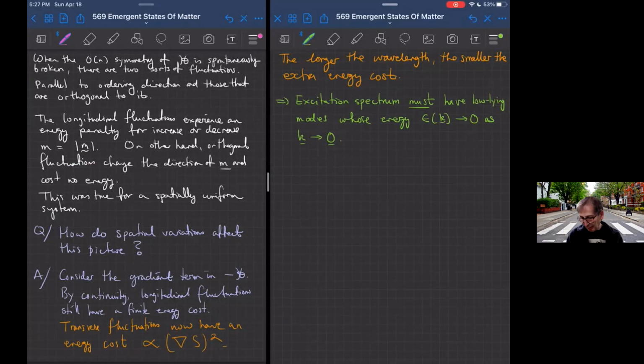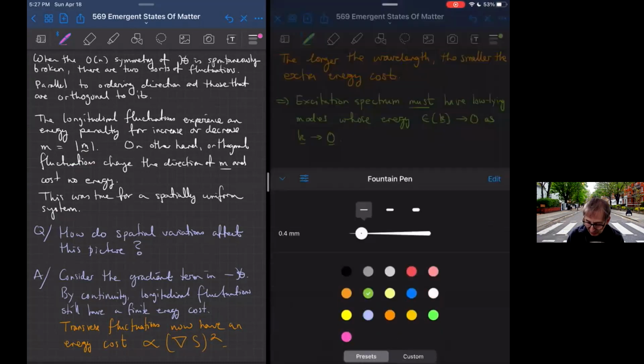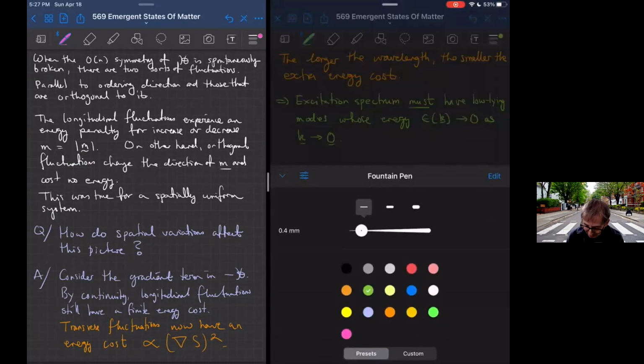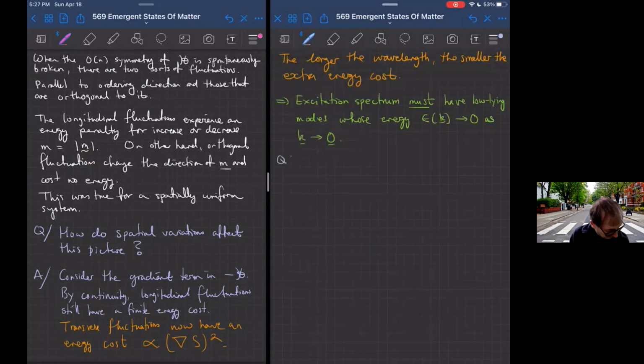So then you may say, okay, you said that there have to be these low-lying modes. Well, how many of them do there have to be? And that's easy to answer because it's going to be one for every transverse mode. All the longitudinal modes always have an energy cost, and so therefore they will have a gap in their spectrum.